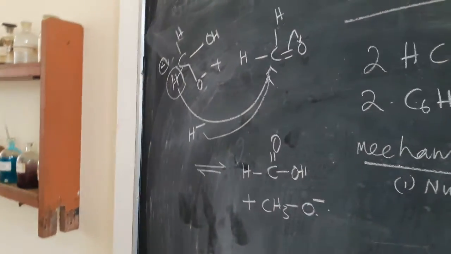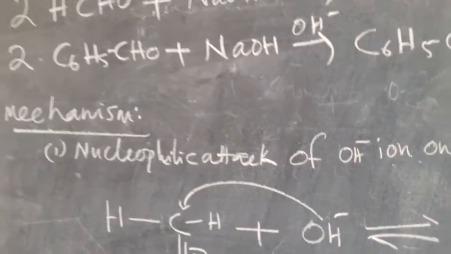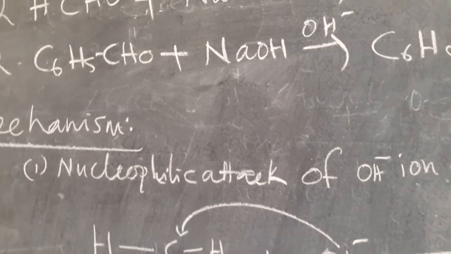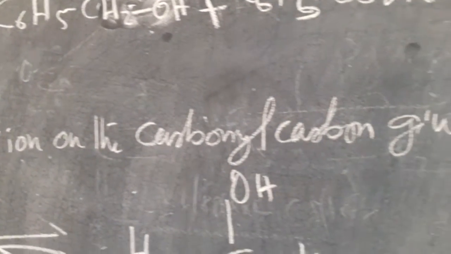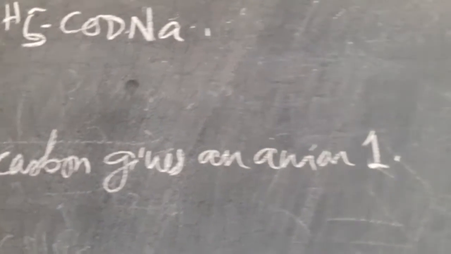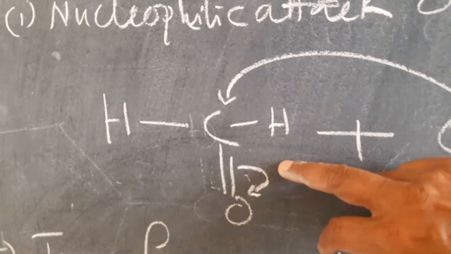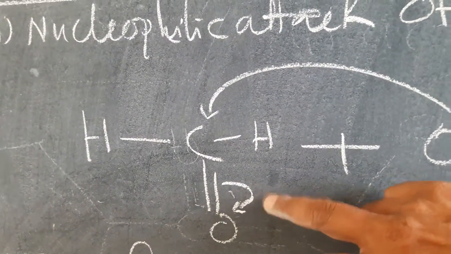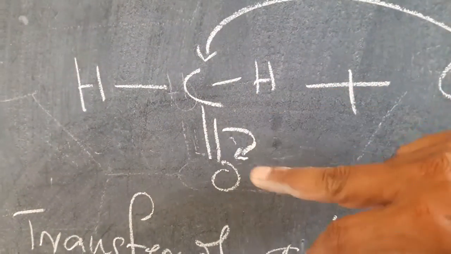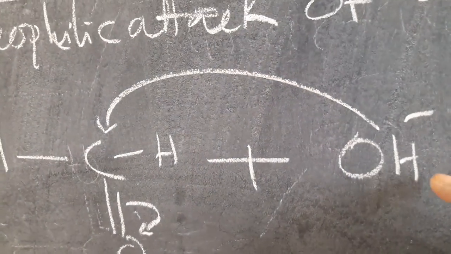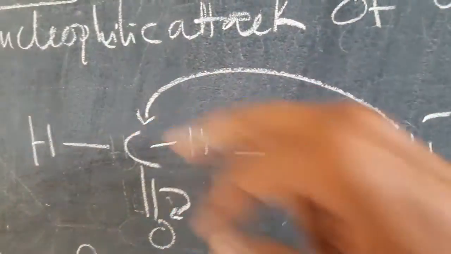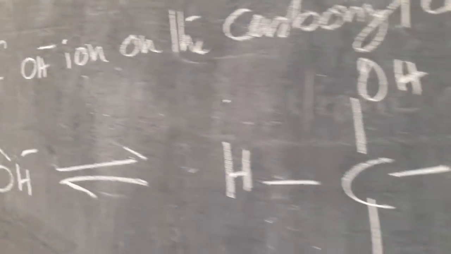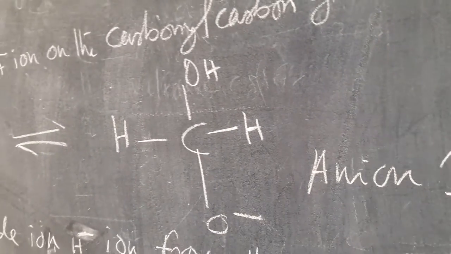In this reaction mechanism, roughly I can say, nucleophilic attack of OH minus ion on the carbonyl carbon gives an anion. Let us see the molecule. This is the molecule HCHO, one molecule. The electronic shift is like this, and OH minus from the base will come and join there, forming an anion like this.